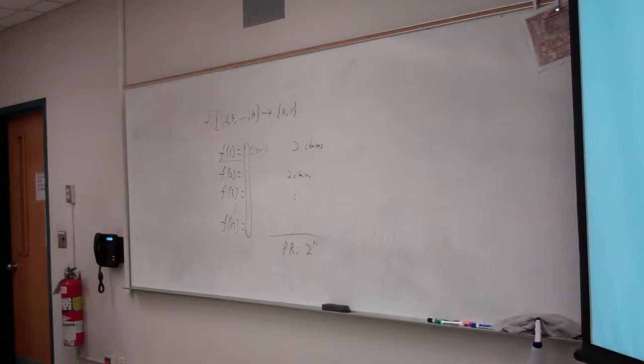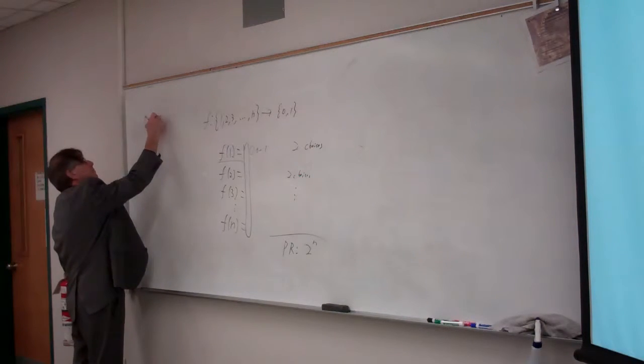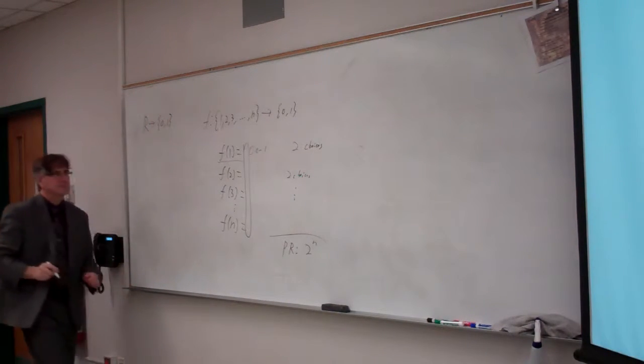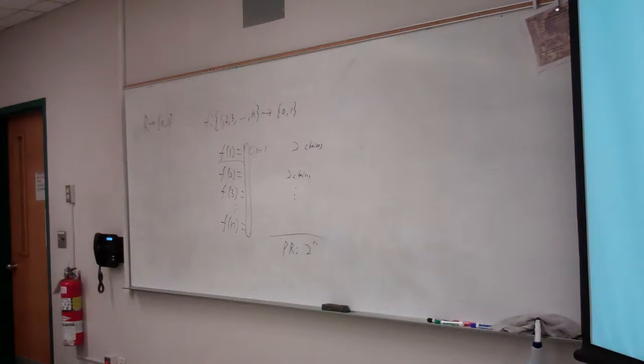So this only works because we have a domain of integers between 1 and n and a range of 0 and 1. If it were any real number between 1 and n, output to any real number between 0 and 1, this wouldn't be a finite definition. That's correct. If we were going from R to this, infinite number of, and I'd say it's probably, might be bigger than the cardinality of the reals.